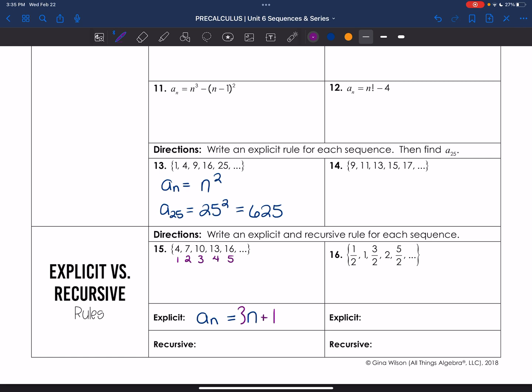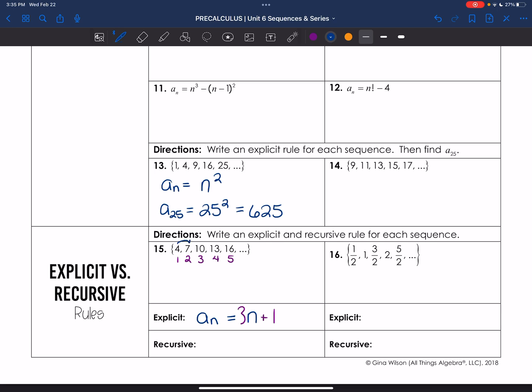Does that work each time? 3 times 2, that's 6, add 1. 3 times 3, that's 9, add 1, and that's 10. Oh, good. 3 times 4 is 12, add 1. Yeah, we did it.